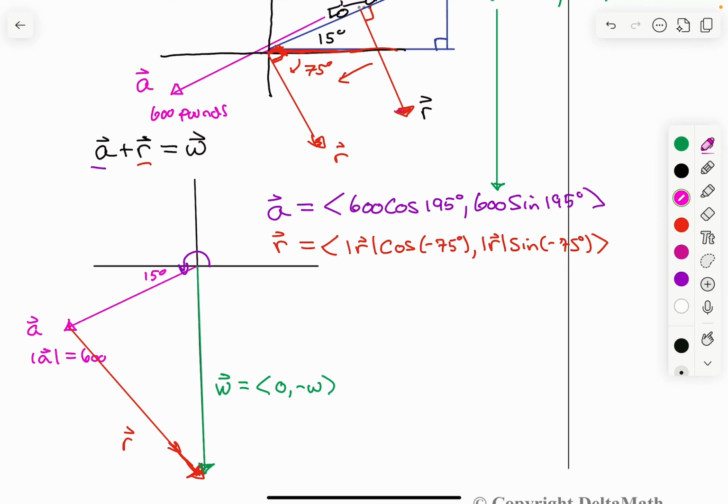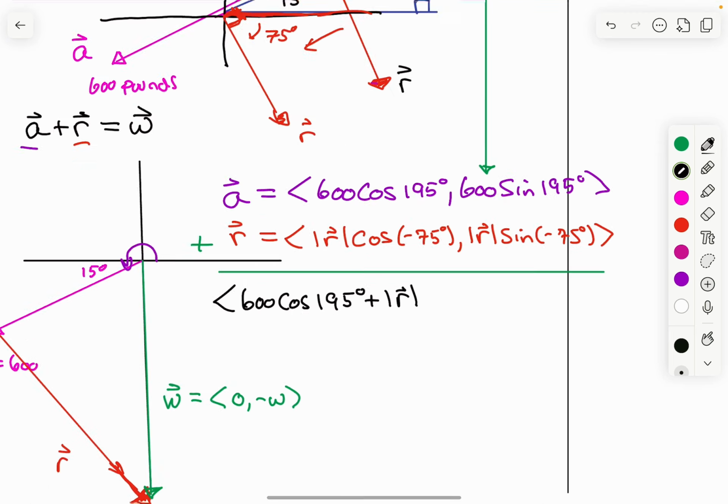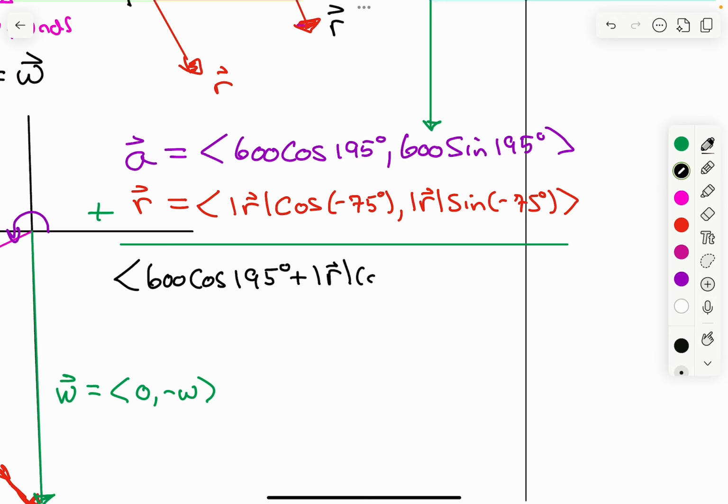Now when I add these vectors, I have to get vector W, which we see down here, is 0, negative W. So I add them, and I get 600 cosine of 195 degrees plus the magnitude of R cosine of negative 75 degrees.